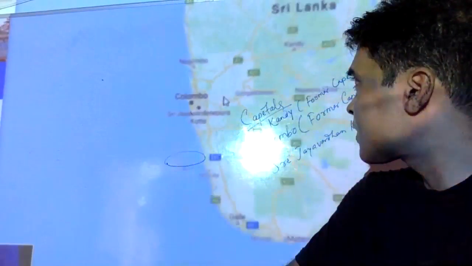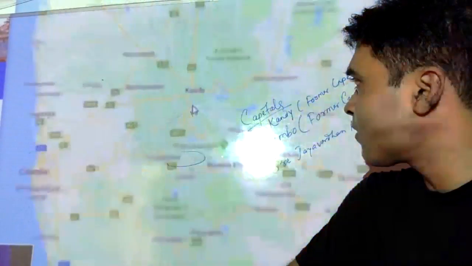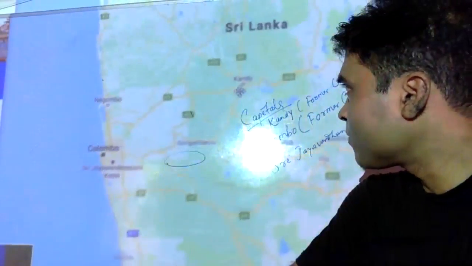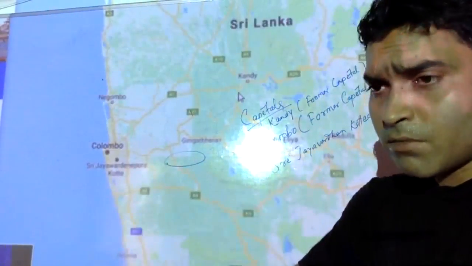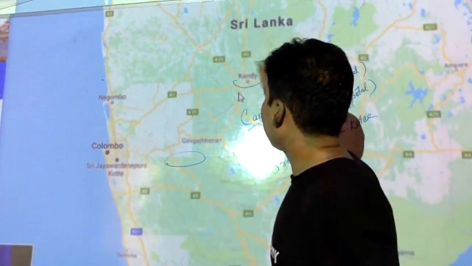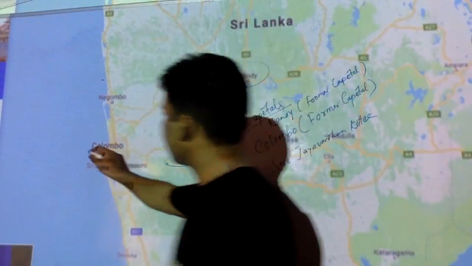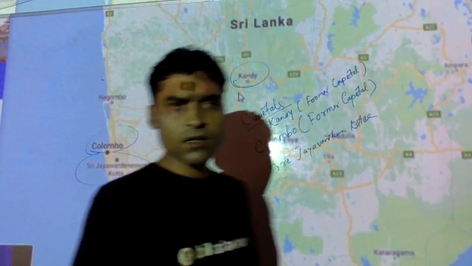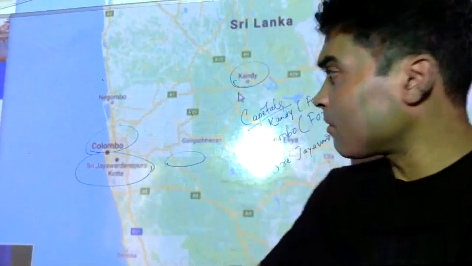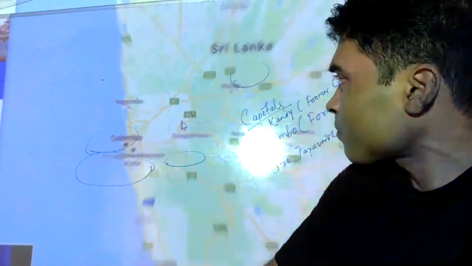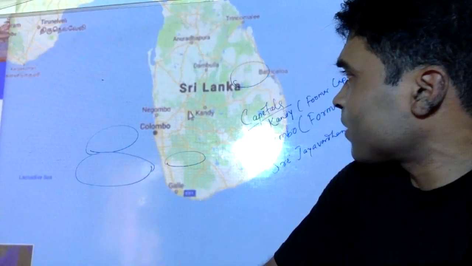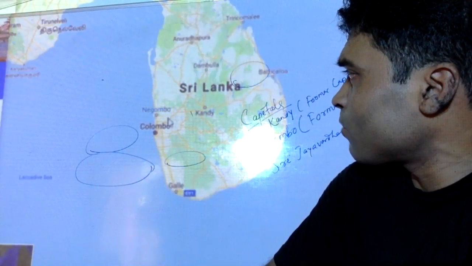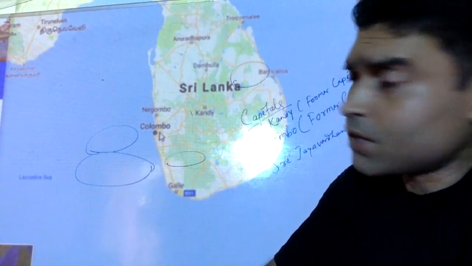And earlier it was Kandy. You can see here Kandy. Right? I hope this point is clear. So please remember this point. One is Kandy was the first capital. Second was Colombo. And currently Sri Jayawardenepura Kotte. These are the points you have to remember. Kandy, Colombo, Sri Jayawardenepura Kotte.